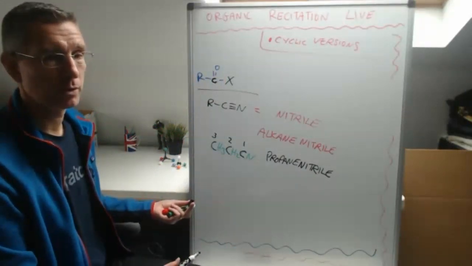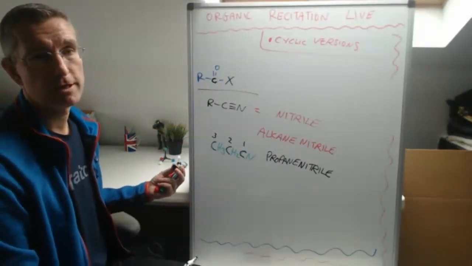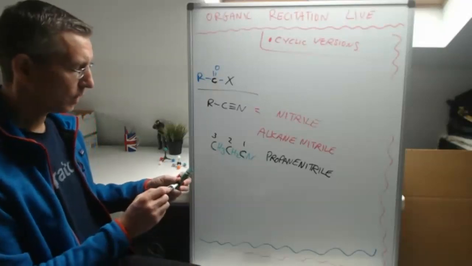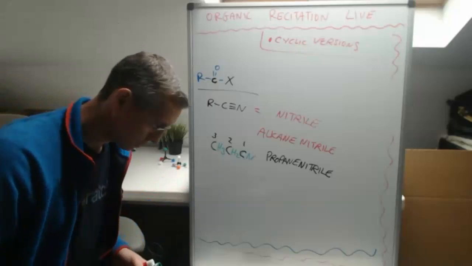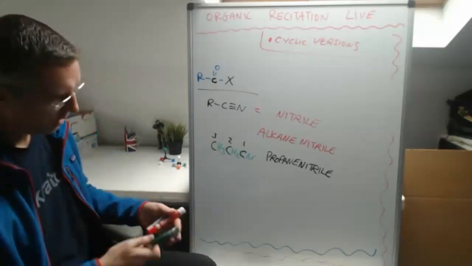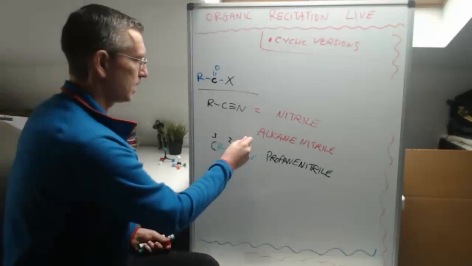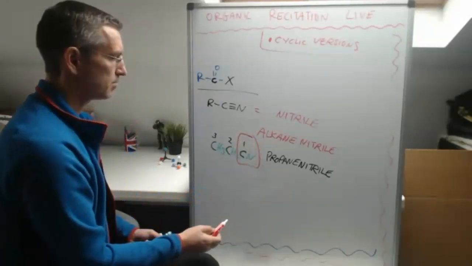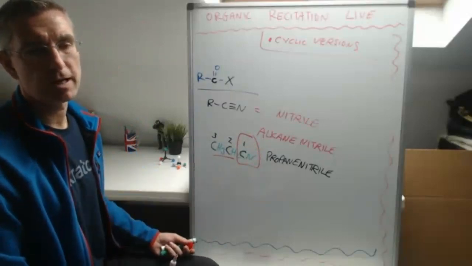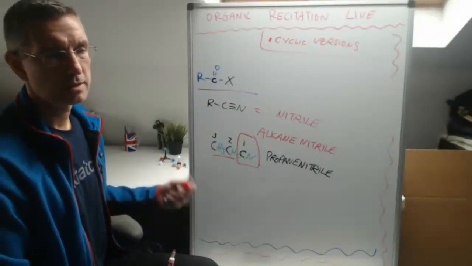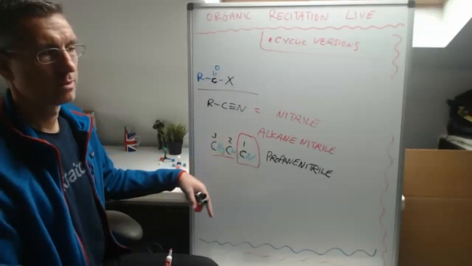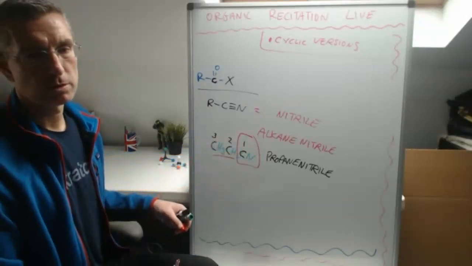Kind of straightforward, but 2 important issues to note. Again, you have to avoid the temptation of saying, there's my nitrile, 2 carbons, therefore ethane nitrile. That's not correct. You must remember to count the carbon of your functional group.